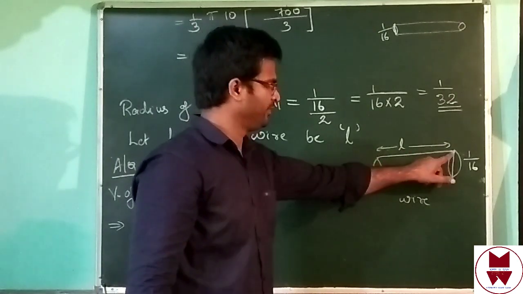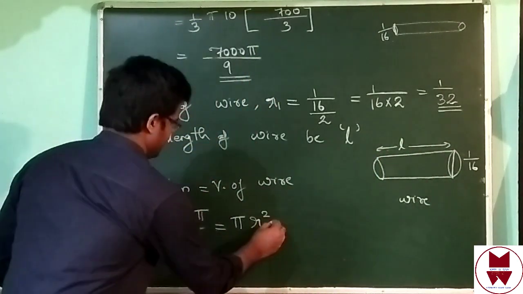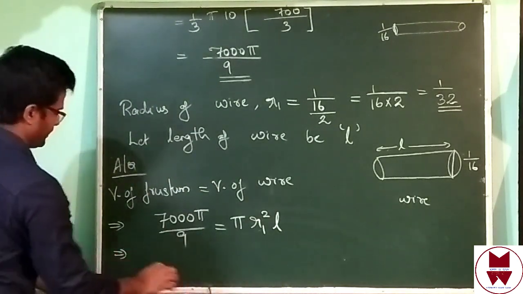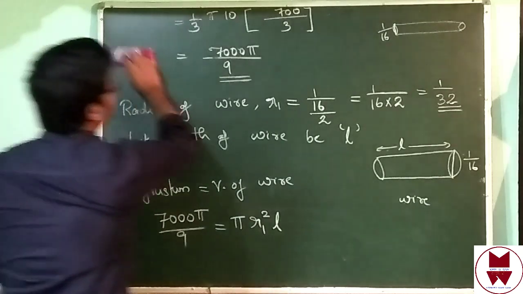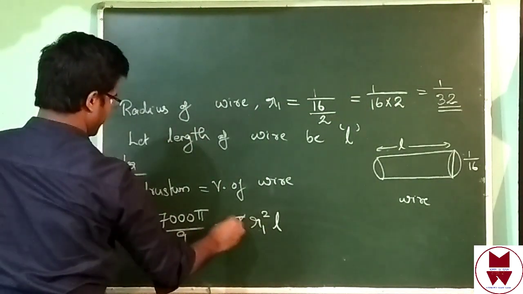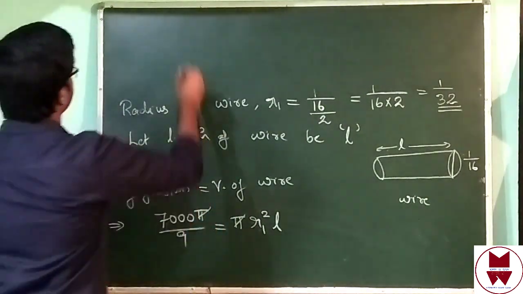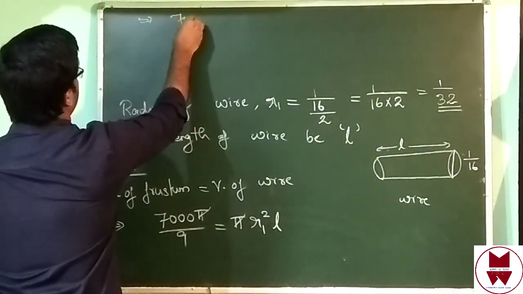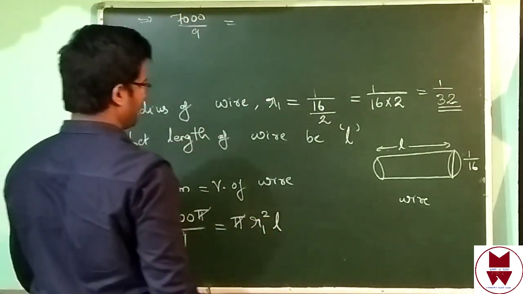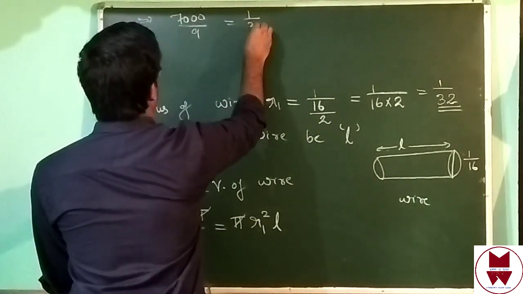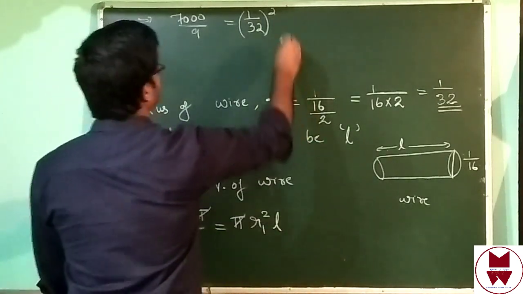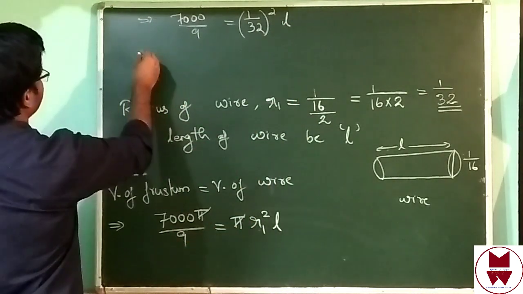No, here we took L, small letter L. In the place of H we can write L. Then this pi and pi, just cut on both sides. 7,000 divided by 9 equal to R1 square, that is 1 by 32, R1 is 1 by 32, into L.